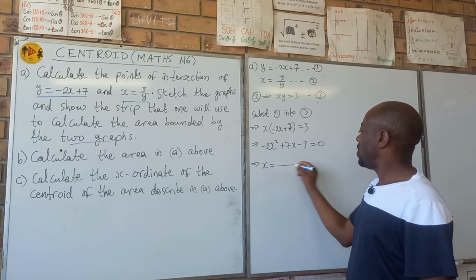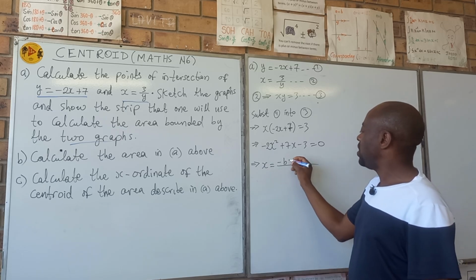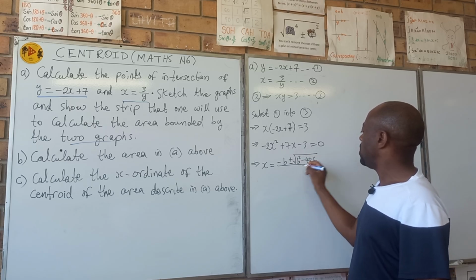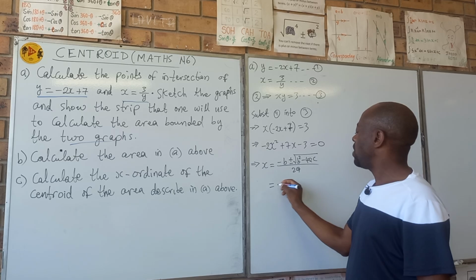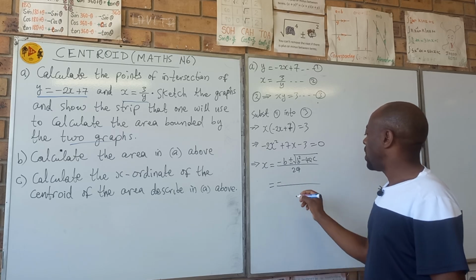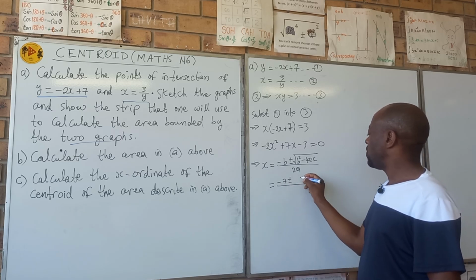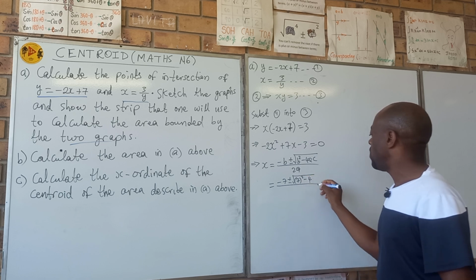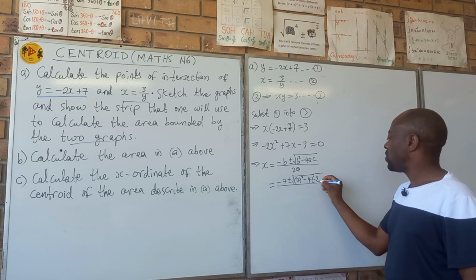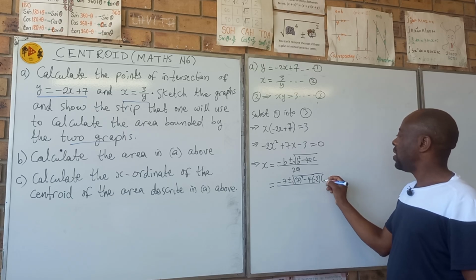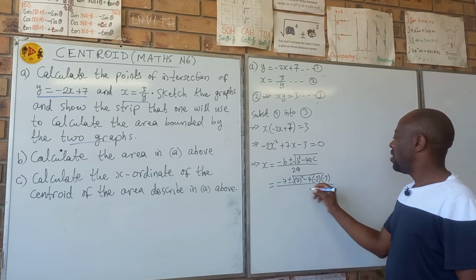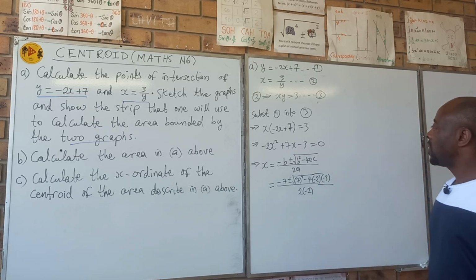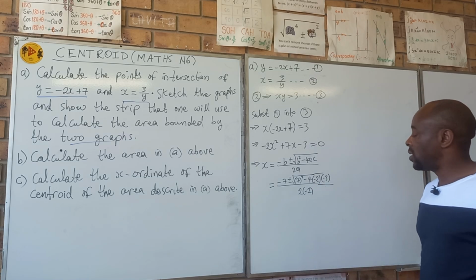Our quadratic formula, we all know it to be negative b plus or minus the square root of b squared minus 4ac, all on 2a. So that will be negative 7 plus or minus the square root of 7 squared minus 4. Our a is negative 2. Our c is negative 3. All this on 2 into negative 2. So that is our quadratic.